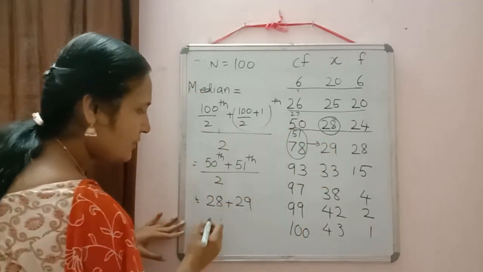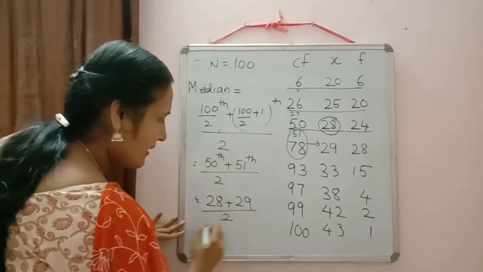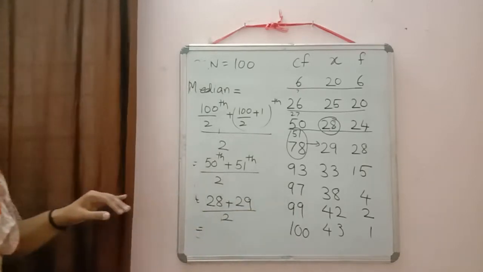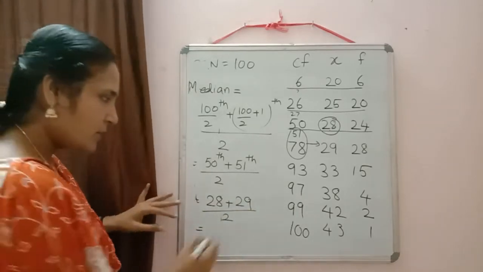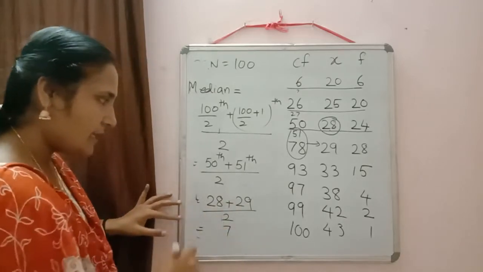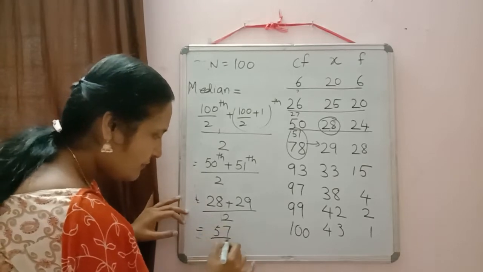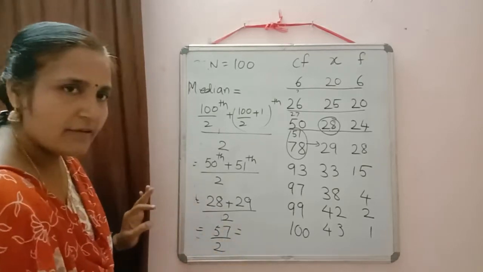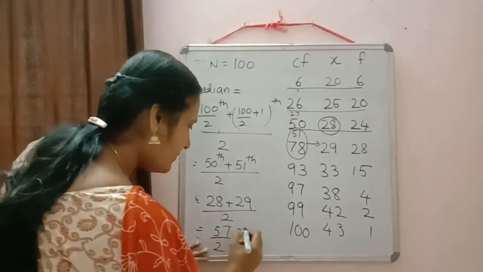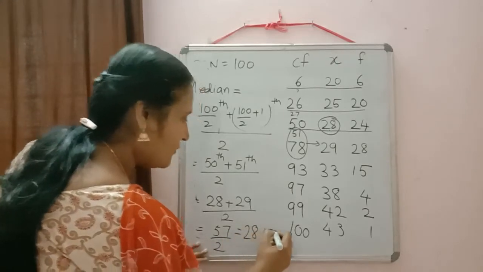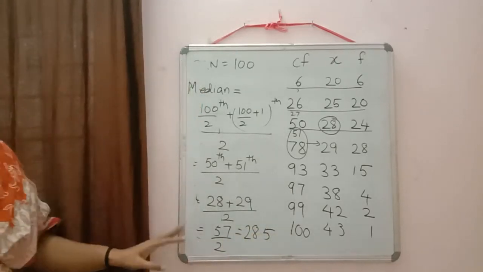So 28 plus 29 divided by 2. 28 plus 29: 9 plus 1 is 17, carry over 1, 2 plus 2 is 4, plus 1 is 5. So 57 by 2. Here we can convert into decimal, so it will be equal to 28.5. This method is clear?